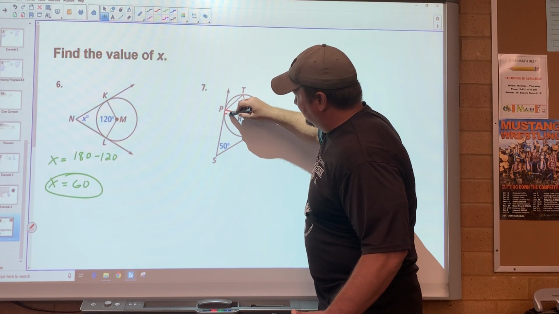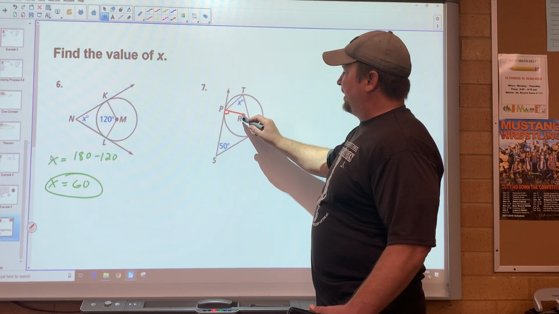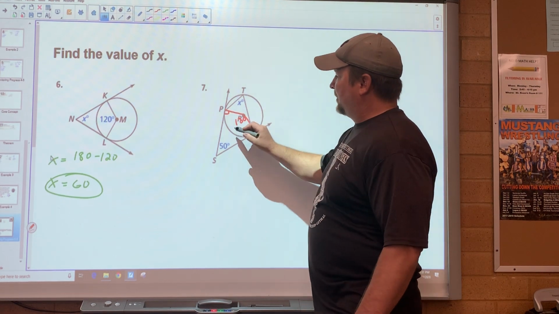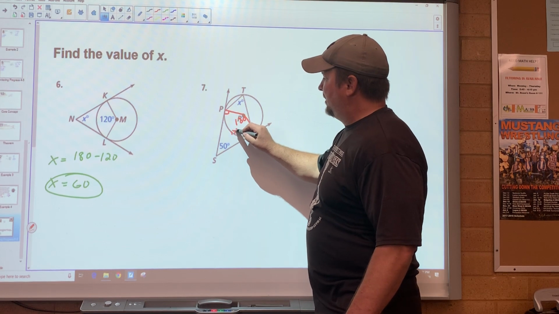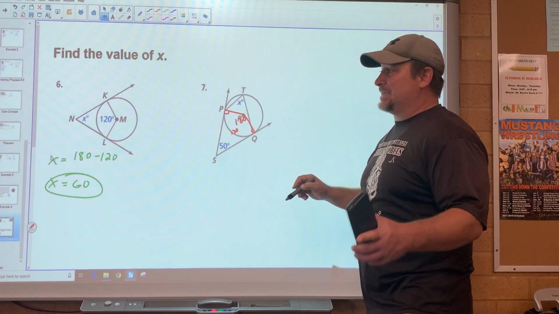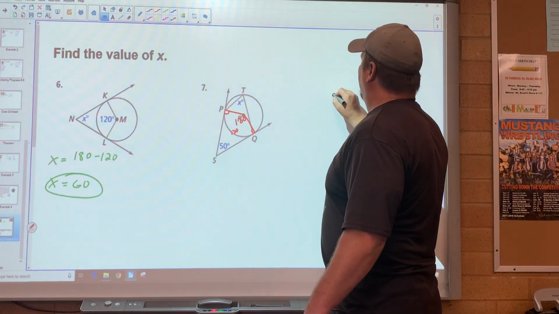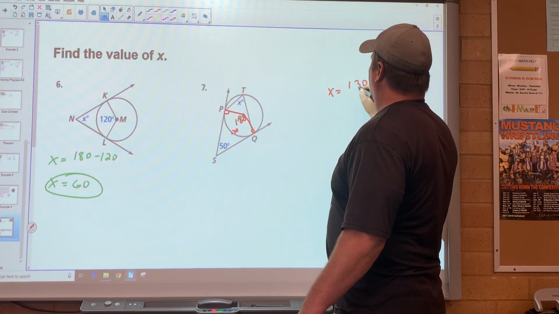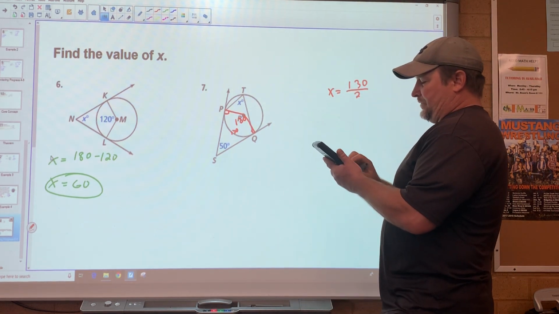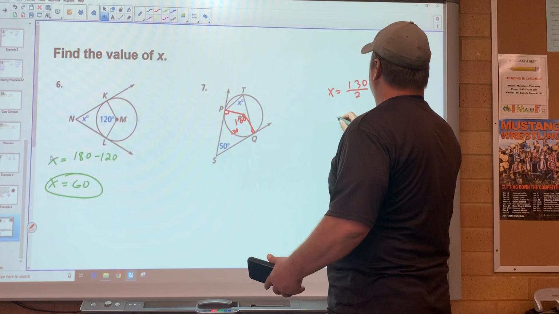Going over to these, we know that now we can find this angle, which is 130. And if that's 130, then this arc is 130, and then this angle is inscribed. That's last time's lesson. So it'll be x equals 130 divided by 2, because it's an inscribed angle. So 130 divided by 2 is 65.